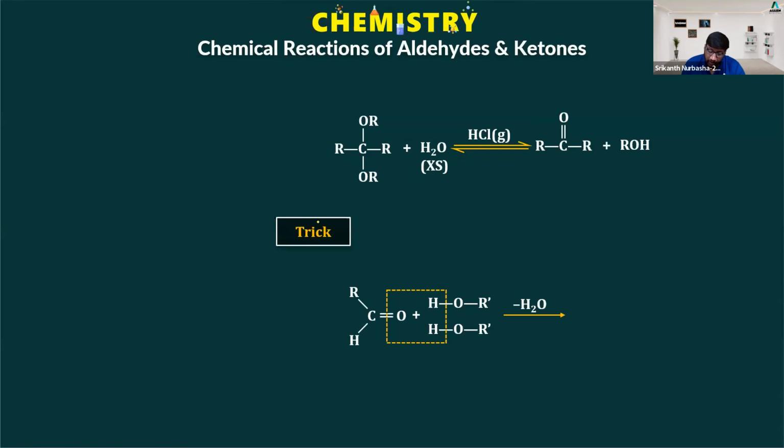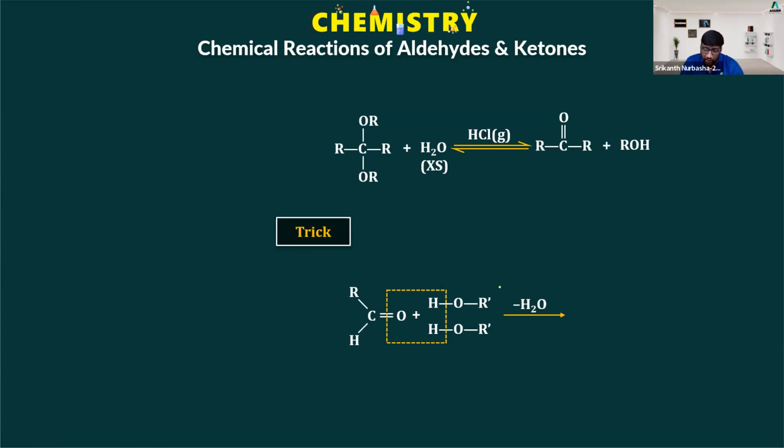Here is a trick. For RCHO plus R'OH, we have to remove hydrogens from the alcohol and the oxygen from C double bond O. Two hydrogens and an oxygen are removed, which means you are removing water. This carbon has to be connected with OR' and OR'.